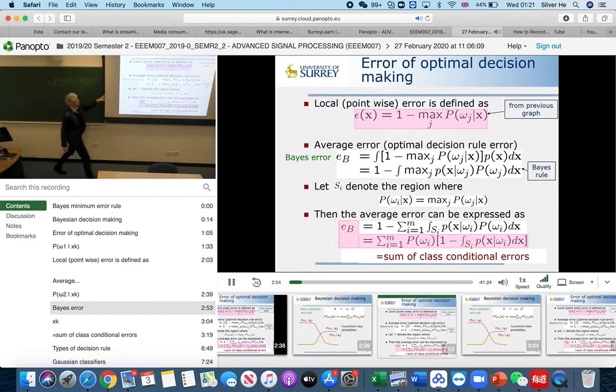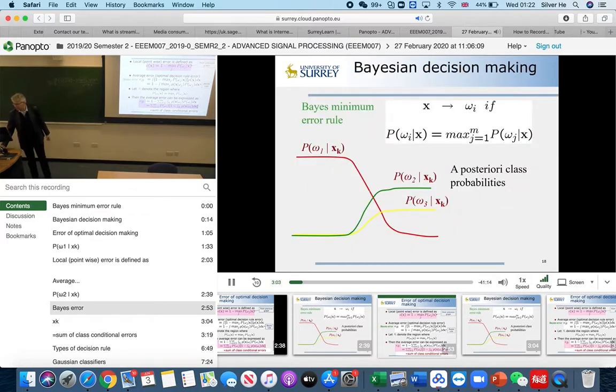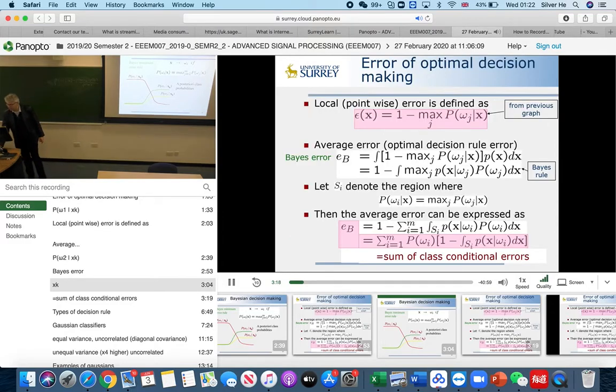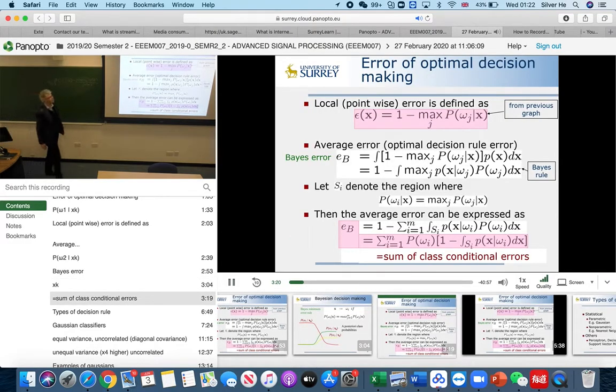So at that end, this epsilon of x is going to be very small. But if we look in the middle, at this point here, the sum of the probabilities of the other classes is going to be quite high, or 1 minus the probability of the red curve is higher. And so that's going to give us a higher chance of error there. That gives us our local or pointwise error.